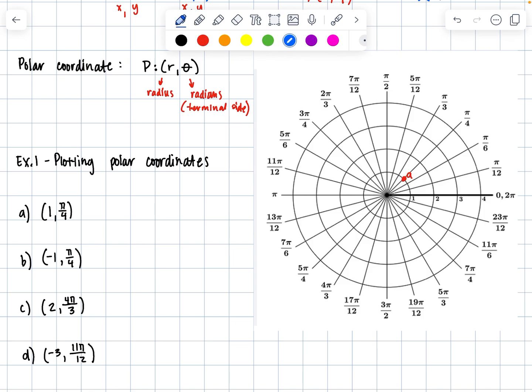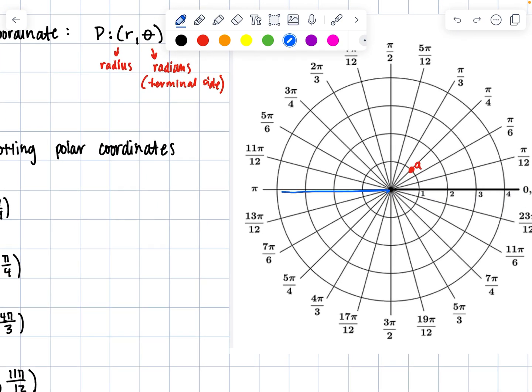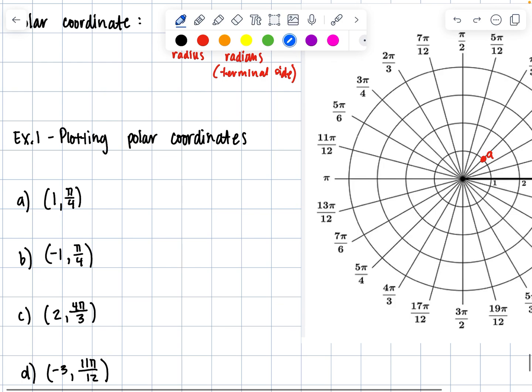Okay, so for B, I'm going to do blue. So -1, pi over 4 is a little bit different because if you notice, these are all radius of 1. Something very different about this is that this is not necessarily the negative. It can be, but it's not necessarily.